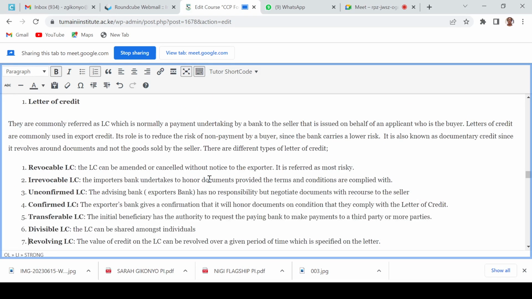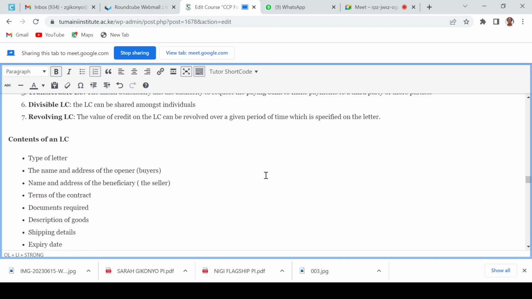So but all you need to know is what is an LC. You define an LC. Then an examiner will ask you, can you name or can you discuss or can you describe different types of letters of credit, an LC? Simple as that. Then contents of an LC, of course, we have a number of contents that are there. What type of a letter is it?